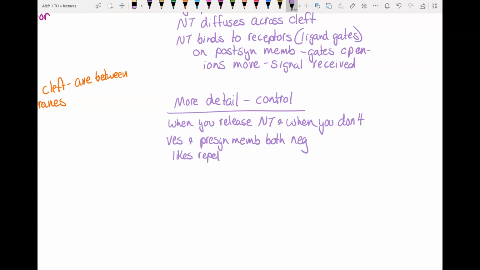So the vesicles do not want to get near the presynaptic membrane. If they do, they're pushed away by that electrostatic charge.